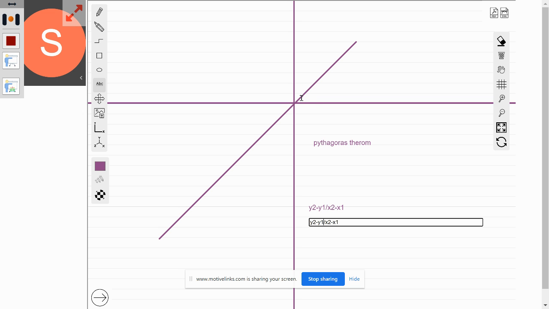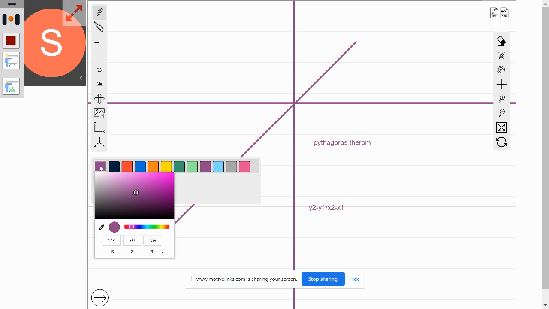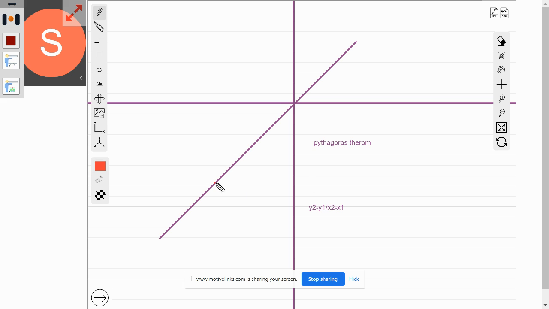So basically, you just pick 2 points on this line right here. Let's get a different color. Now I want to pick this point right here, and let's pick this point right here. Now we're gonna find out the coordinates of this point.